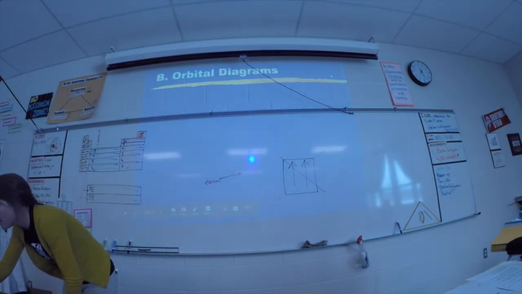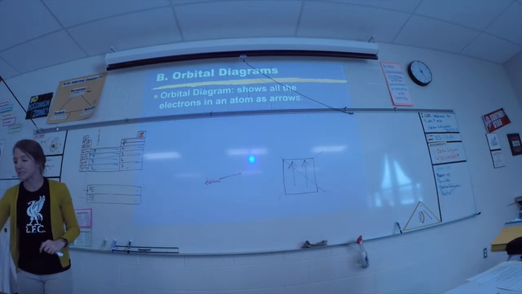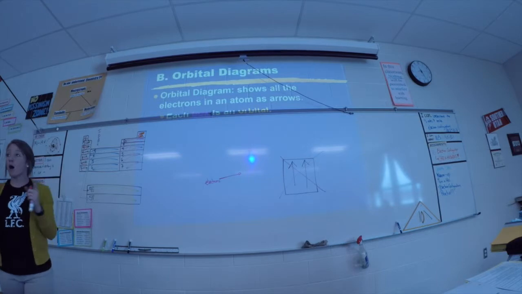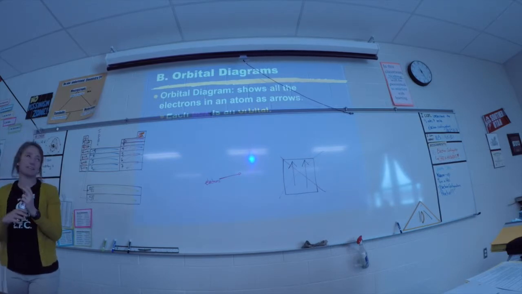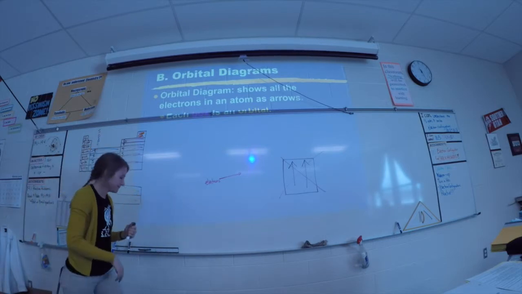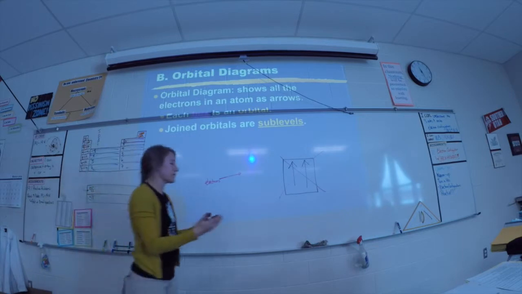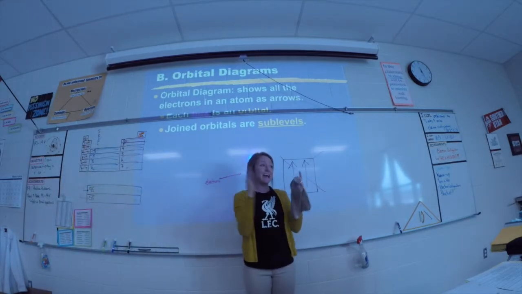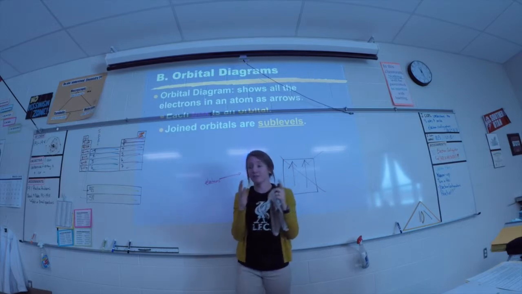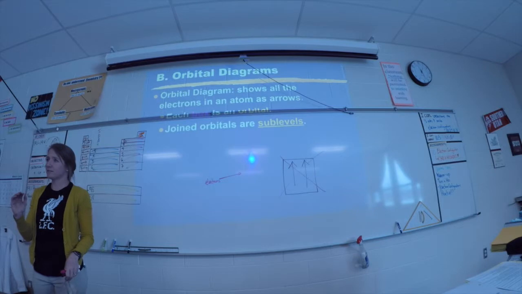Now, a note on our orbital diagram. When we draw these boxes and arrows, each box represents one orbital, once again, aka a bunk bed. So every box is a bunk bed. If it's one of our rooms that has multiple bunk beds, then you connect the boxes together. For example, an S room has how many bunk beds? 2 electrons, so 1 bunk bed.